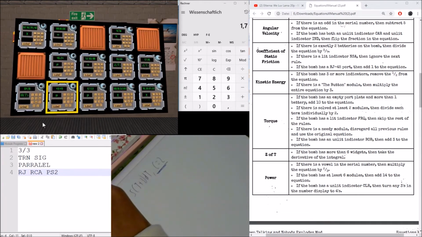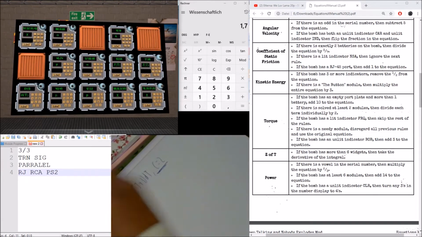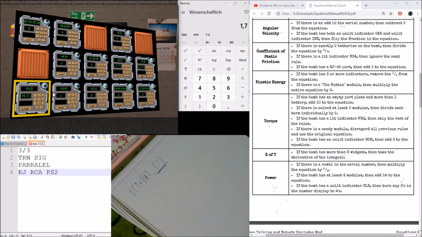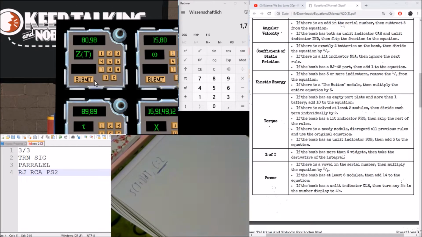So we have 3, 4, 5, 6, 7, 8, 9. So we do have more than 6 widgets. So basically, this one is just treated as a normal equation. I will explain integral equations later in the video.